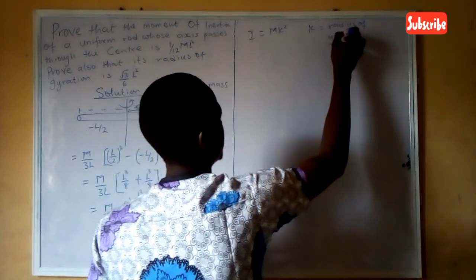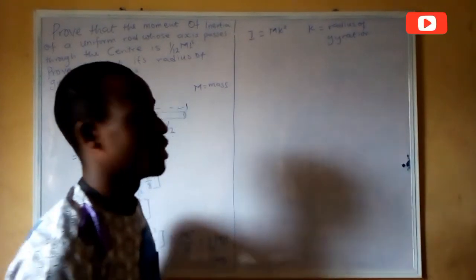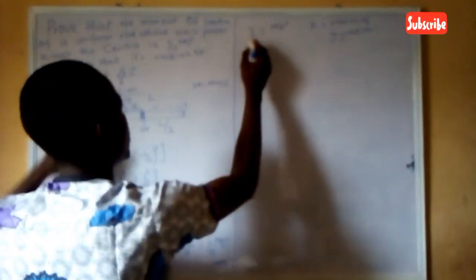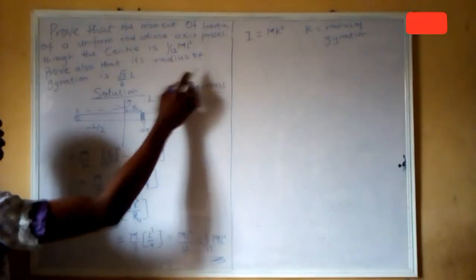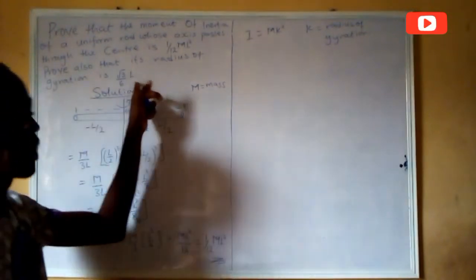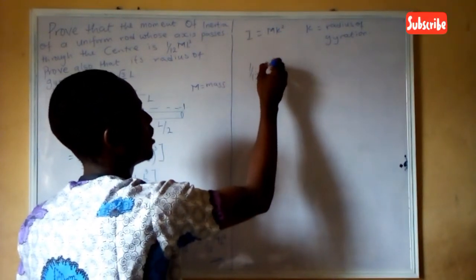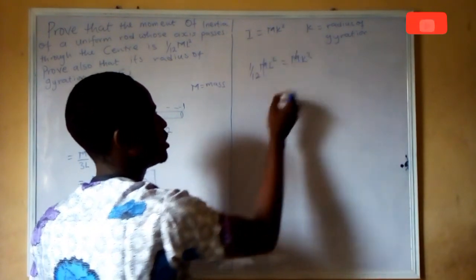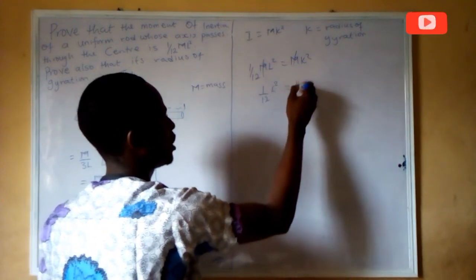That is defined as the distance from the axis of rotation where all the mass is concentrated. So we are meant to prove that the radius of gyration is √3/6 L. So we have 1/12 ml squared equals mk squared. So the m cancels, and we have 1/12 L squared equals k squared.